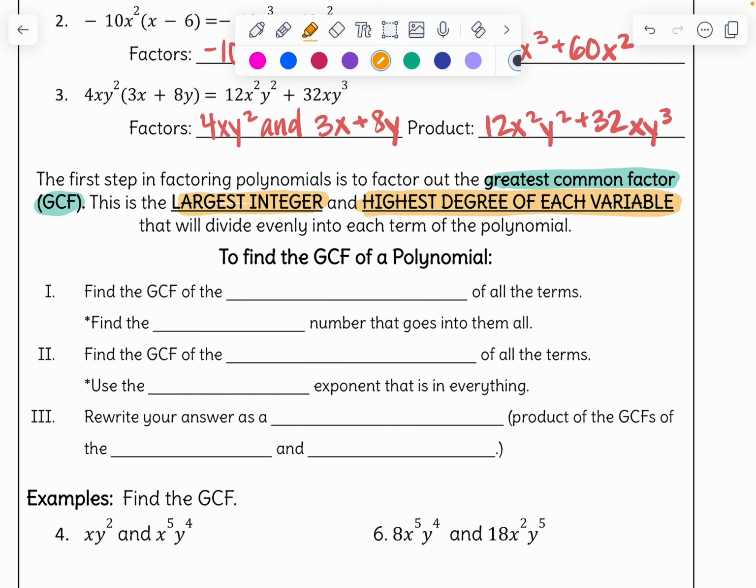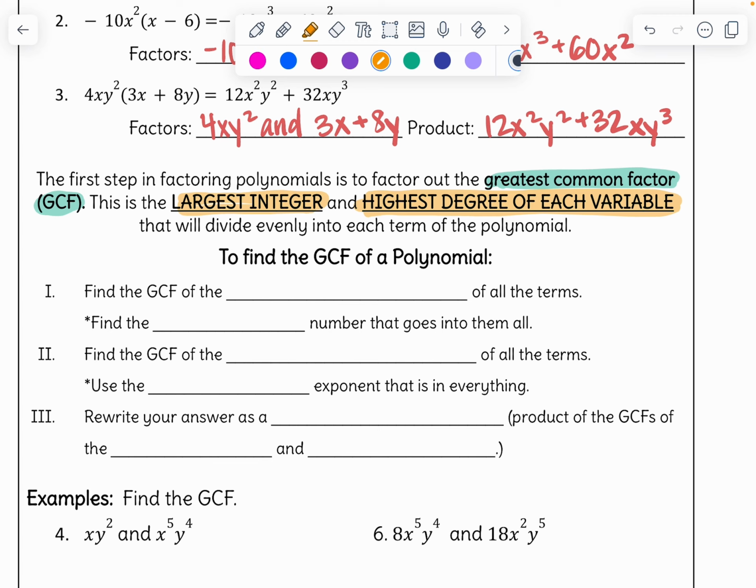Remember, degree is referring to the exponents. So the GCF of a polynomial is the largest integer and highest degree of each variable that will divide evenly into each term of the polynomial.